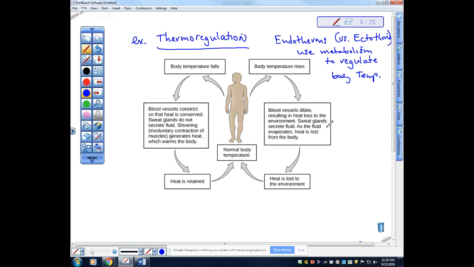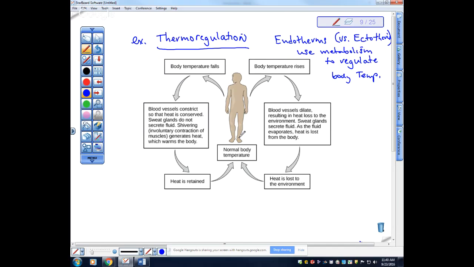Because this response to the stimulus decreases the stimulus and brings us back to that 37 degrees Celsius. And then we can also shiver, because shivering is a form of metabolism that generates heat, and that helps to warm the body, and heat is retained. So this would be negative feedback.